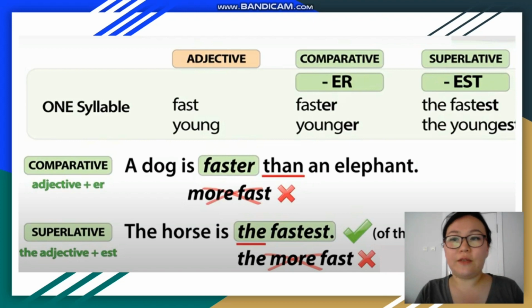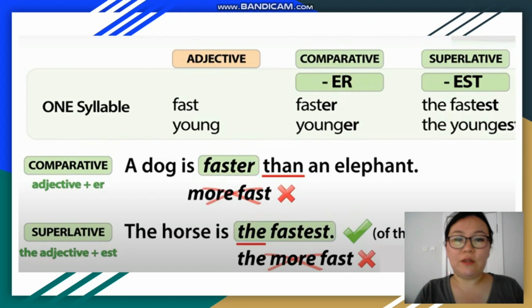The adjective fast has one syllable, so we just add er to the end of it: faster. The adjective young has one syllable, so we just add er to the end of it: younger.